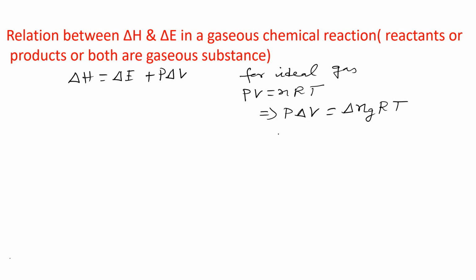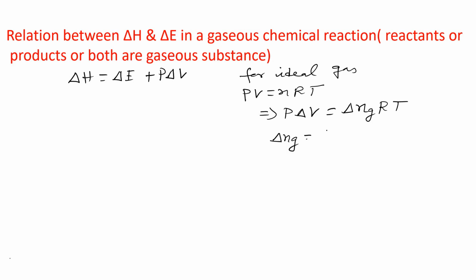And this delta NG, look here, delta NG RT: R is constant, T is constant, as we generally perform the reaction at constant temperature. So what is changing? The number of moles is changing. That means number of moles of the product minus number of moles of the reactant.